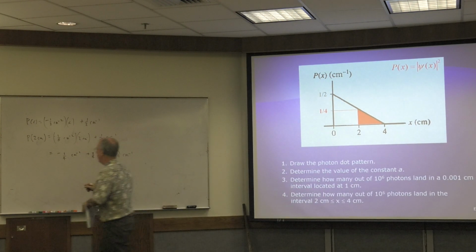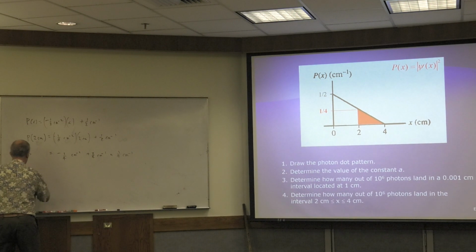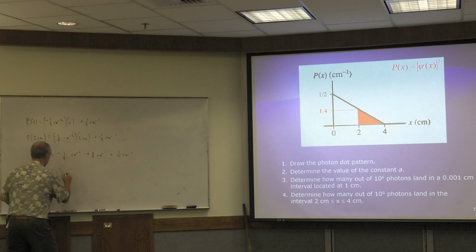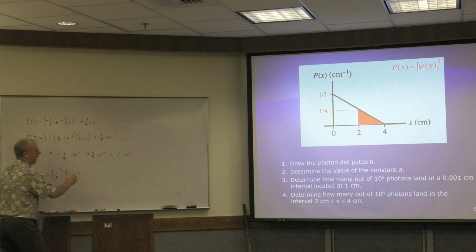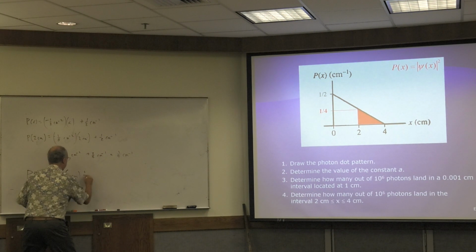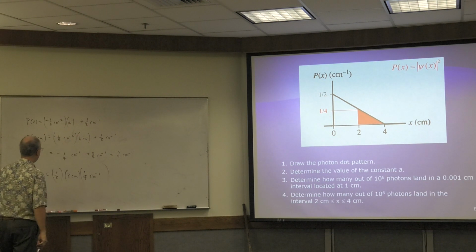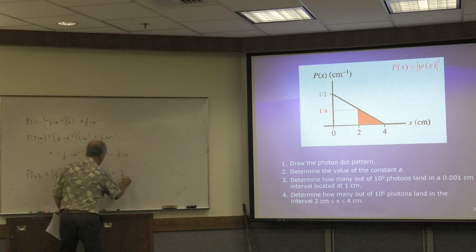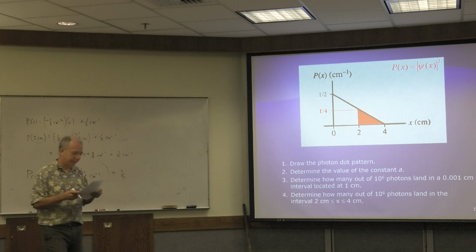So the probability is 1/2 times base 2 centimeters times the height 1/4 inverse centimeters. And that's a fourth. No kidding! We kind of knew that already.